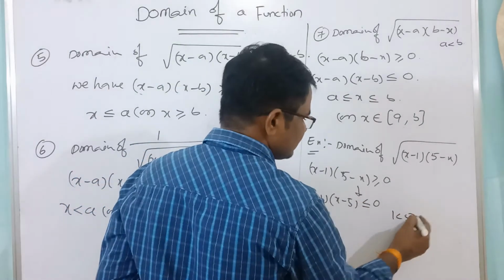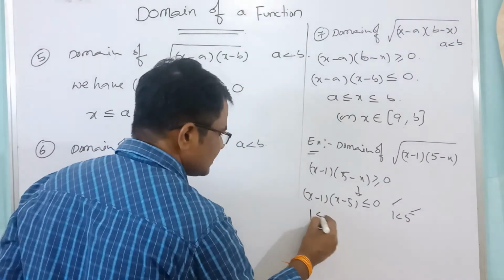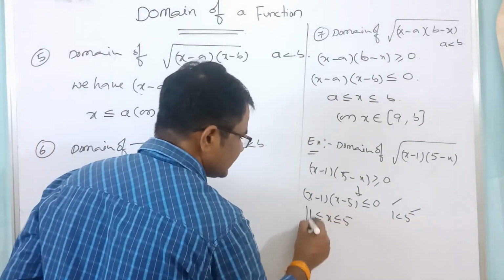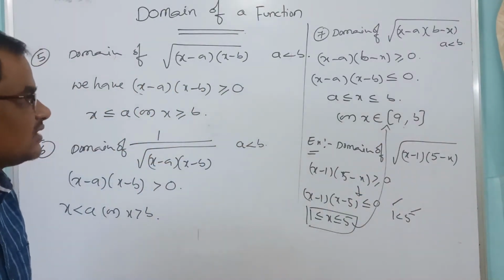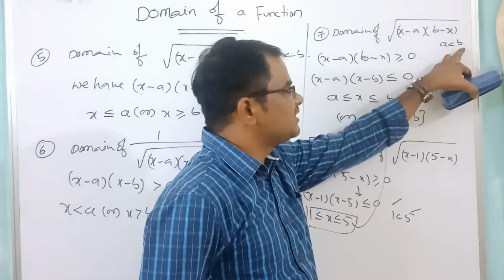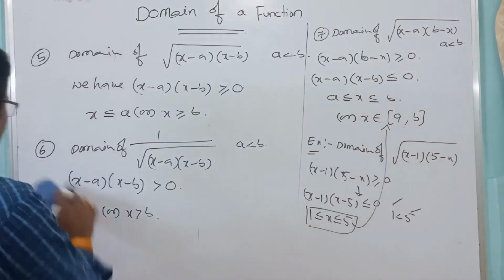Here 1 less than 5, so this is a, this is b. So what we have to take? 1 less than or equal to x less than or equal to 5. That's it. This is nothing but a less than or equal to x less than or equal to b. Suppose a greater than b, then here we take the least value and here the greatest value. That's it.